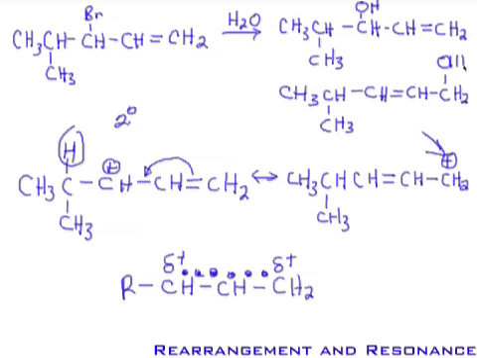And you'd get an equal mixture, or very close to 50-50 mixture of the two. So in this case, resonance produces two sites of attack and prevents 1-2 shifting.